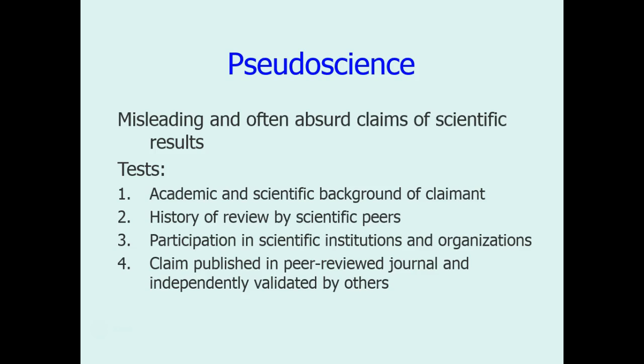So just reading something in the paper or off the internet means almost nothing. Anyone can write anything they want to. In fact, now a lot of people really love Wikipedia, and generally Wikipedia is pretty good, but there have been some people who get out there and abuse it like crazy and just will put anything down.